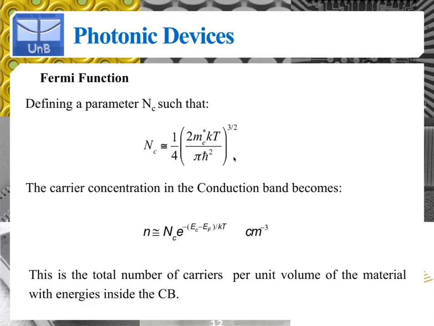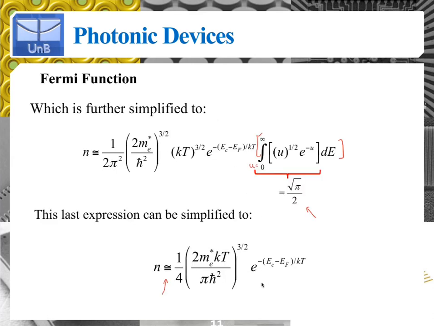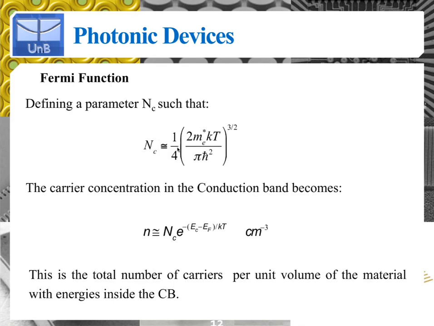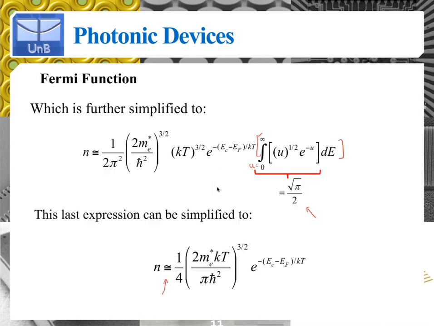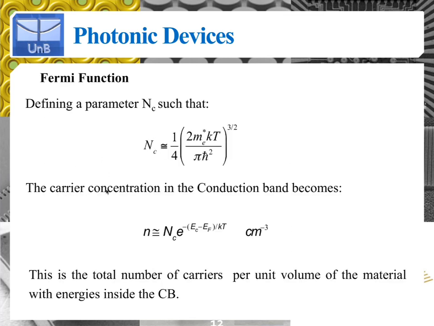Now, all of the constants that are multiplied by the exponential here can be bunched up into one single constant, which we call NC. So NC is equal to 1/4 times this term to the power 3/2, which is this guy right here. So this is capital N C. And using this, the carrier concentration in the conduction band becomes a constant, NC, times e to the power minus EC minus EF over kT.